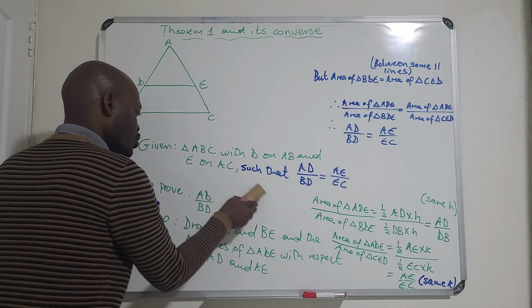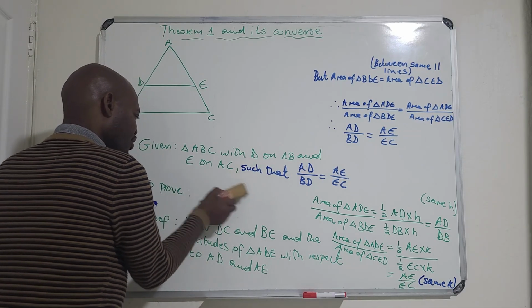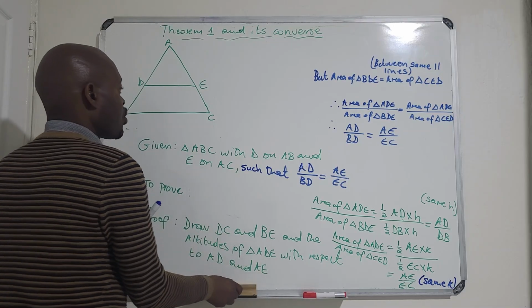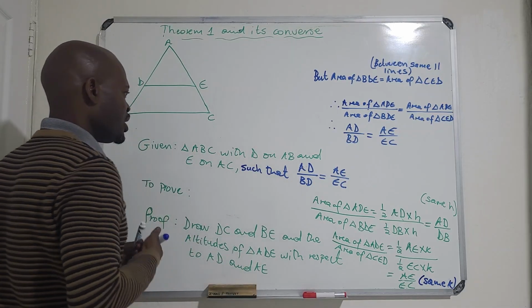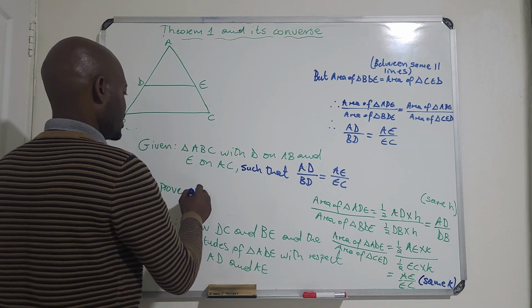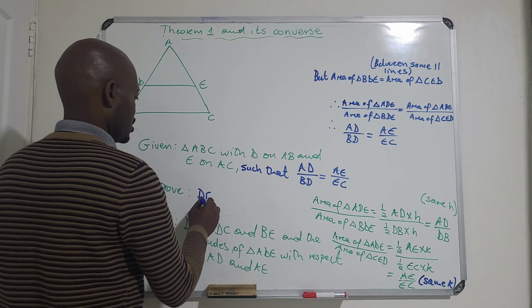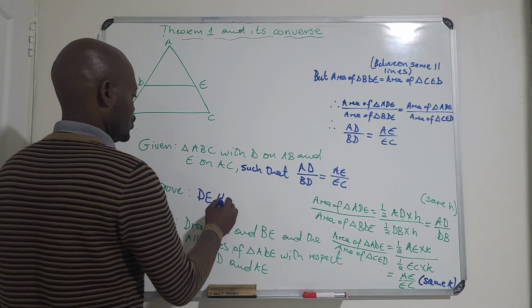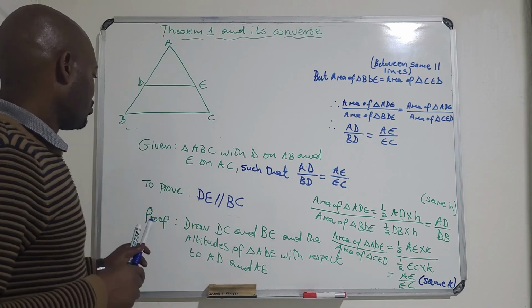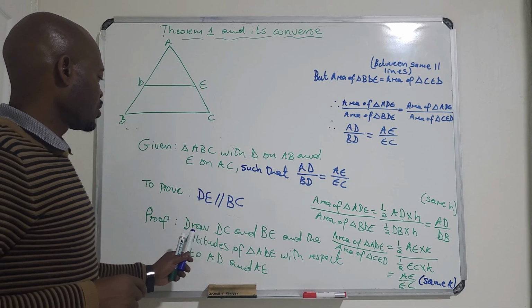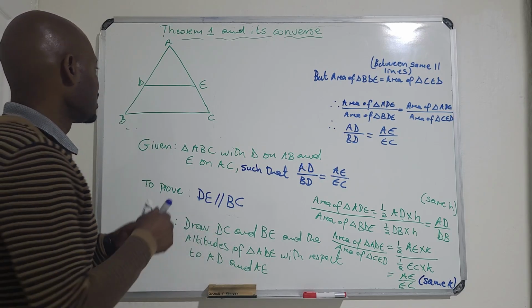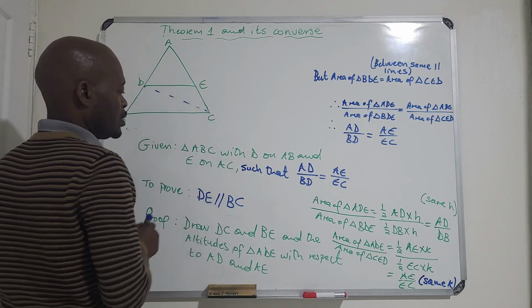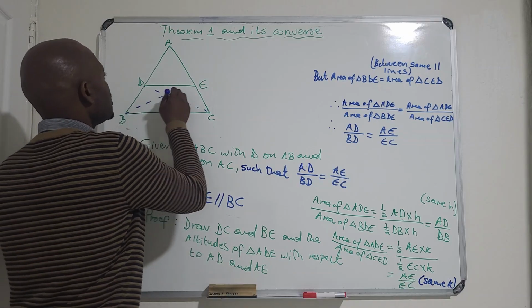We are required to prove the opposite, that DE is parallel to BC. Proof. We still do the same thing. We draw DC, we draw BE.